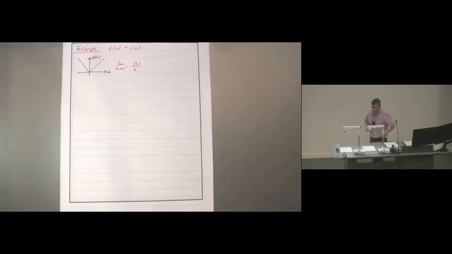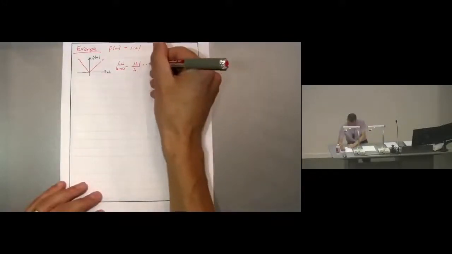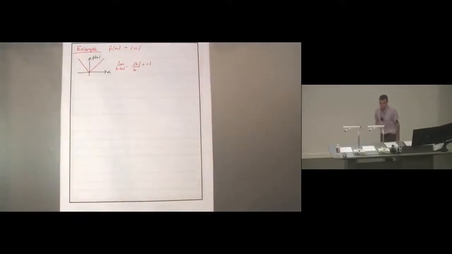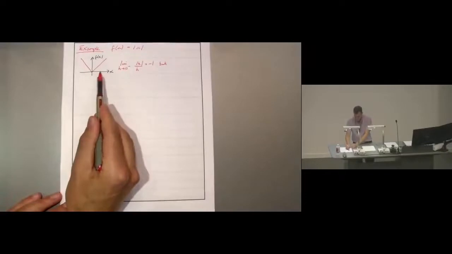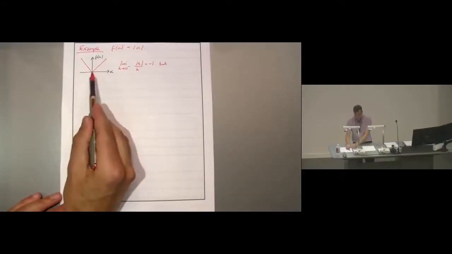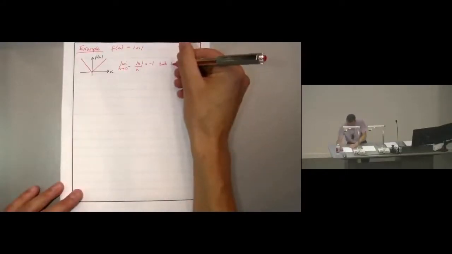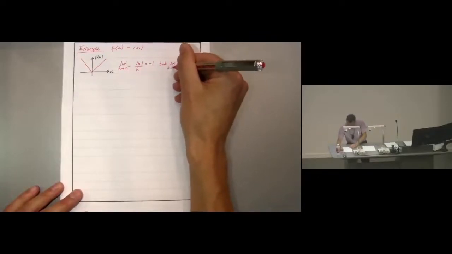But because h is negative, the absolute value is minus h, so this limit is minus 1. Whereas if I instead consider h positive, so I compare the function at this point to the function here, then I get plus 1.